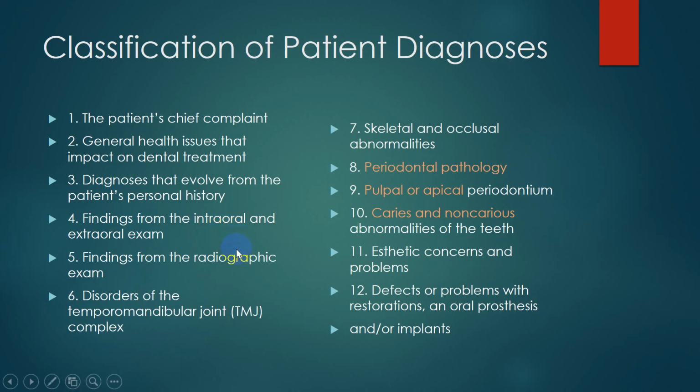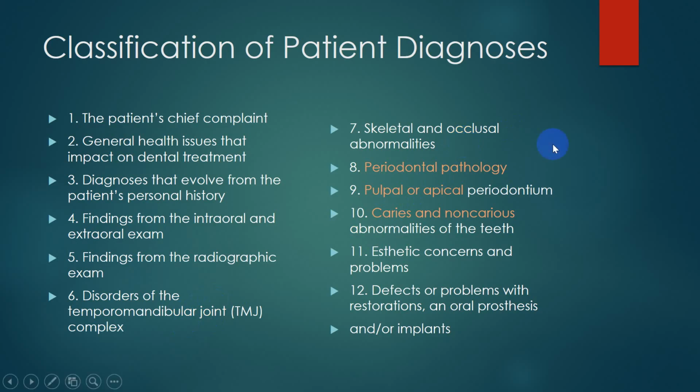Then you go to the investigation results and you write down radiographic findings, for example, a multilocular cystic lesion at the angle of the mandible. You write down the disorders of the TMJ if they are there, occlusal abnormalities, limited mouth opening, deviation of the mandible, anything that necessitates treatment.